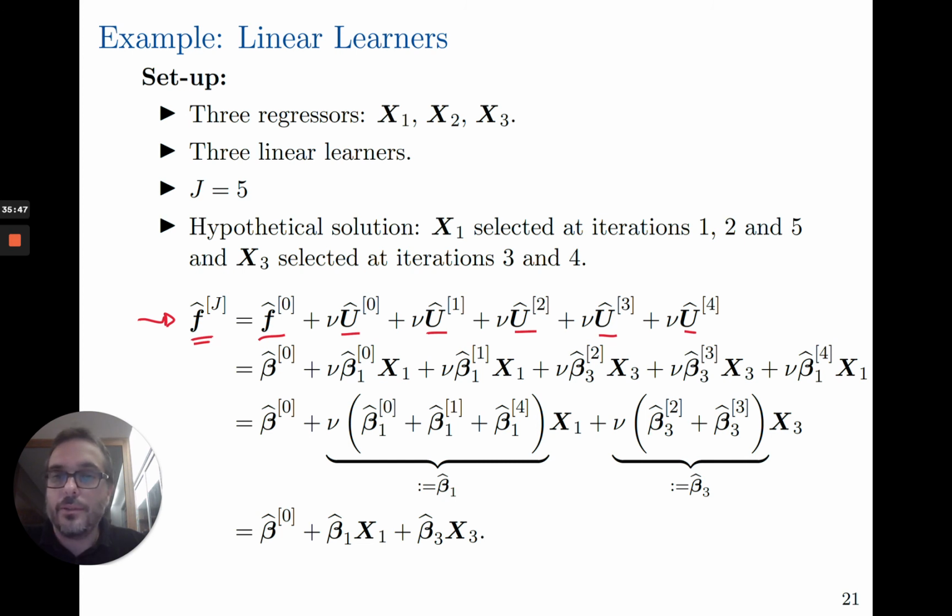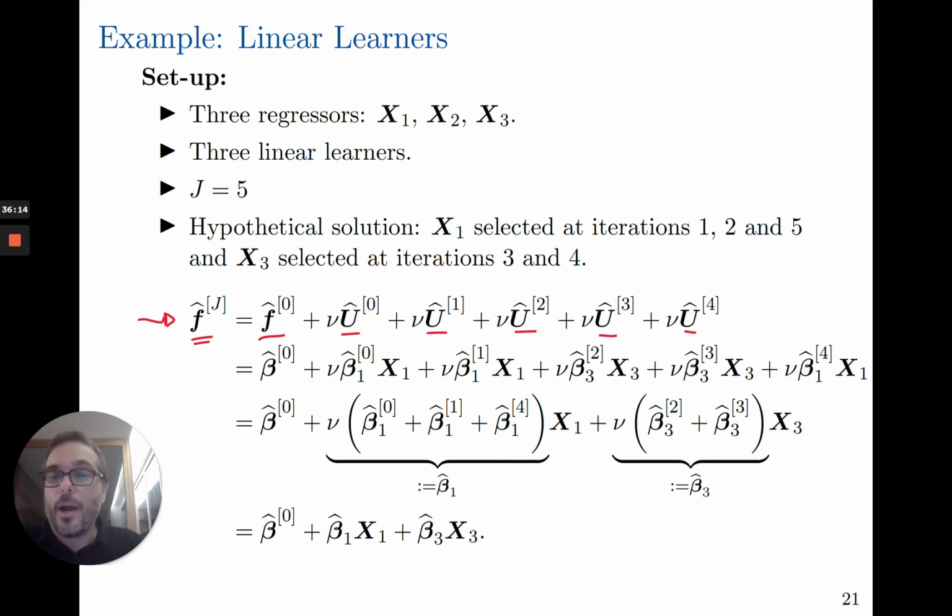The fit at iteration 1 is just a linear model on x1, because x1 is selected at iterations 1, 2, and 5. Then we have it again at iteration 2, and then at iteration 5. But at iterations 3 and 4, we have x3. So in the end, our model is going to be linear, with a beta 1 on x1 and a beta 3 on x3.